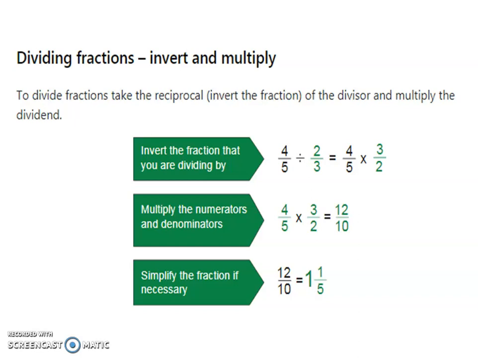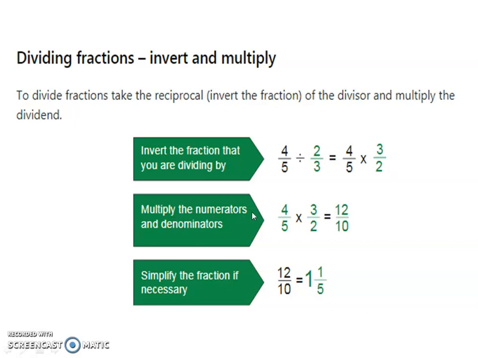Here can you tell me which is the dividend? The dividend is 4 by 5 and divisor is 2 by 3. So take the reciprocal of the divisor. Here 2 by 3 is the divisor. Reciprocal of 2 by 3 is 3 by 2.